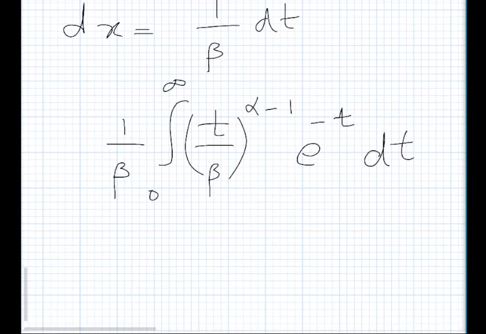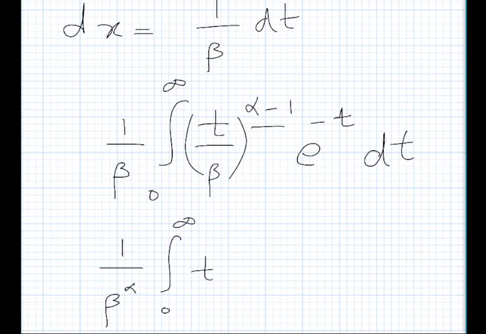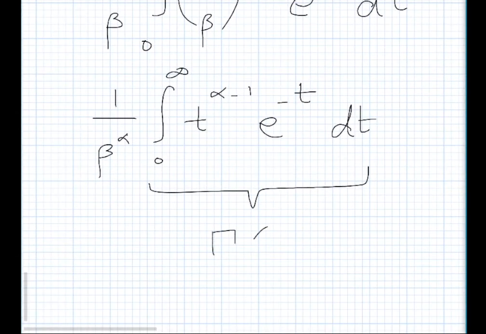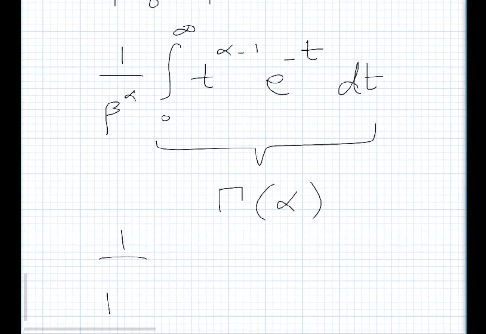Okay, so then I can take this beta to the alpha minus 1 outside, so I can say 1 over beta to the alpha times the integral from 0 to infinity of t to the alpha minus 1 e to the minus t dt. Now this is exactly the same as the gamma function. So this is 1 over beta alpha times gamma of alpha.